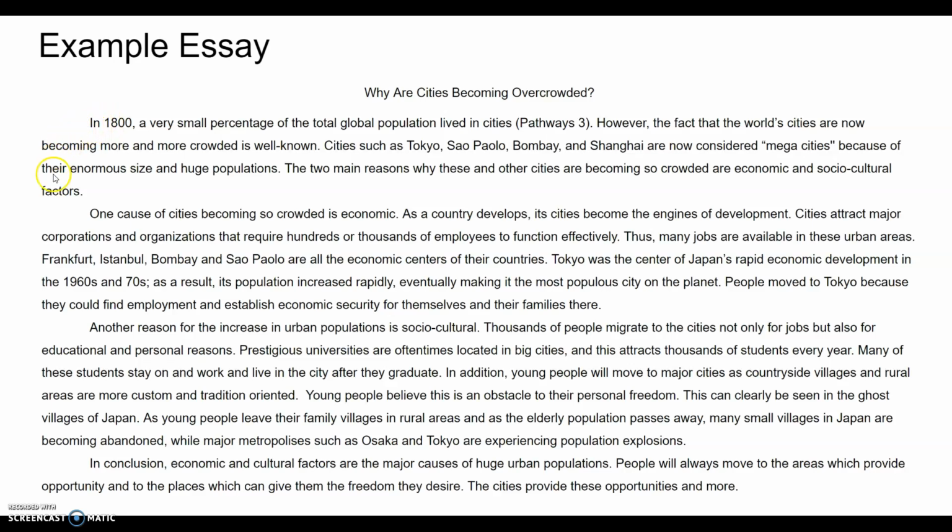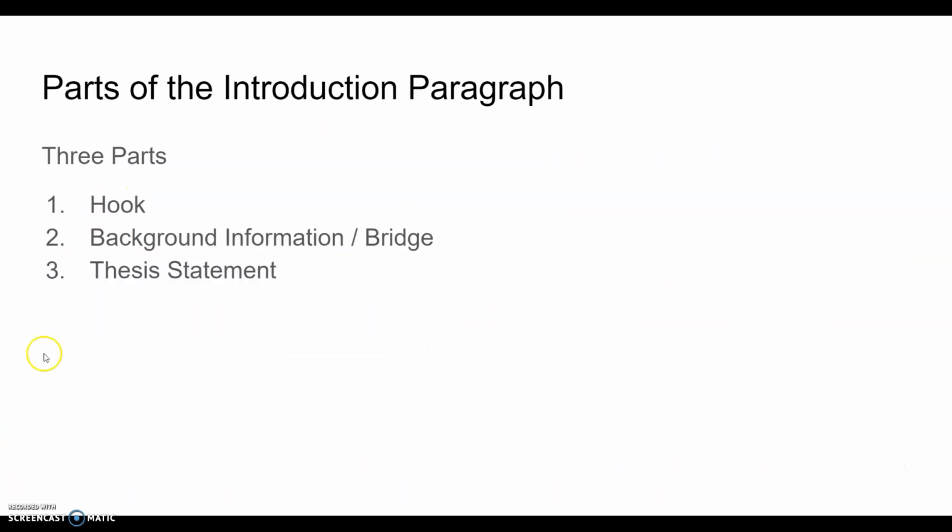Let's take a very close look at this first paragraph. This is the introduction paragraph. The introduction paragraph has 3 parts. The first part is the hook, which is a sentence or 2 that is used to attract the reader's attention.